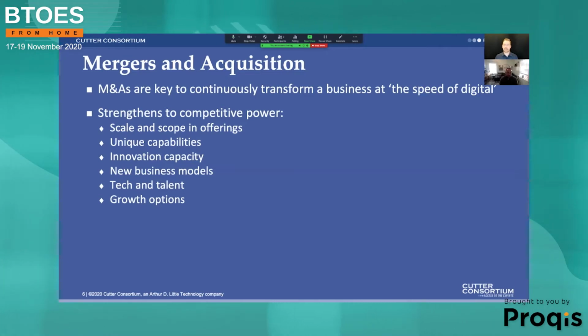It could be increased scale and scope for your offerings, or to get unique capabilities, to acquire a kick-ass innovation capacity, to get a new business model going, specific tech and talents, or simply buying options for things that might happen in the future. So there is a whole range of mergers and acquisitions, and that is part of what makes them so difficult, because this is not a homogeneous, routinized task you're facing.